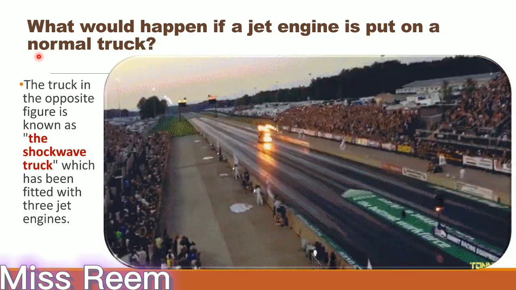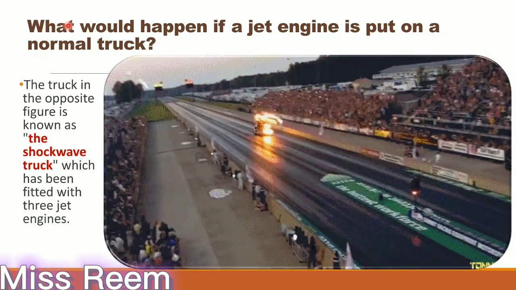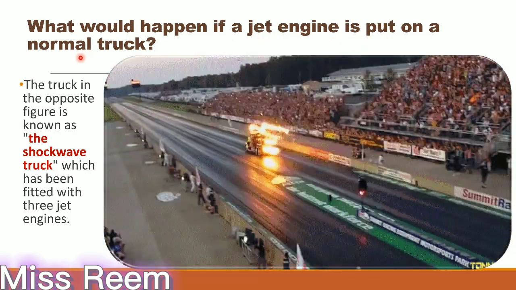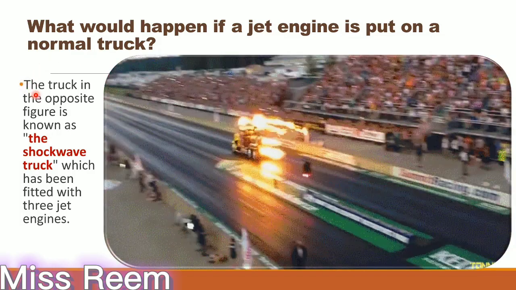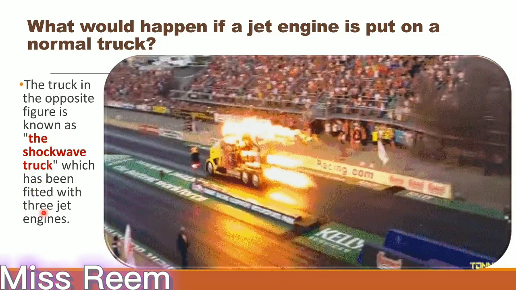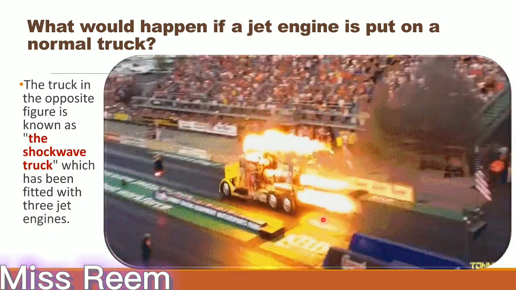A mind twist question: what would happen if a jet engine is put on a normal truck? Can we actually do that? The truck in the figure is known as the Shockwave truck, which has been fitted with 3 jet engines. Look how powerful it is as it starts.